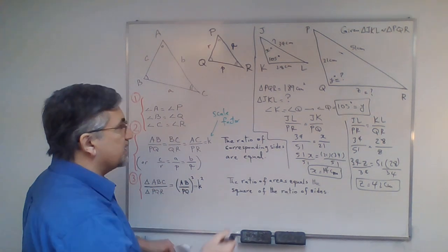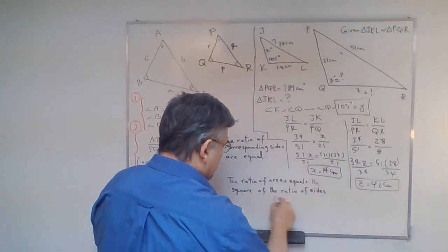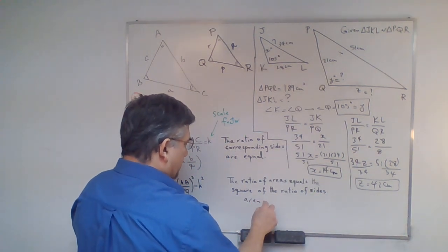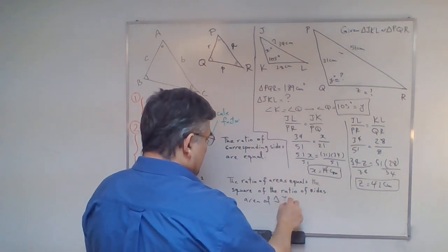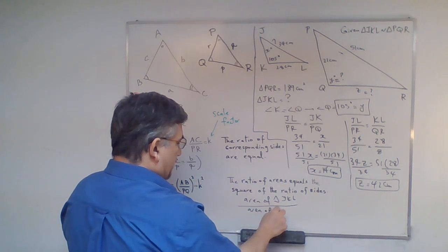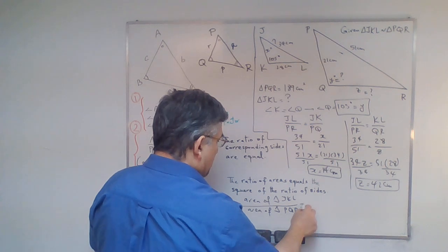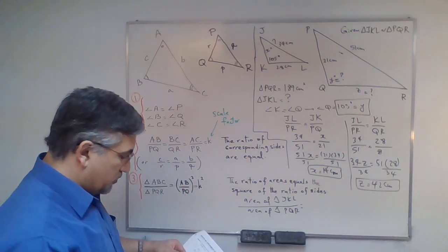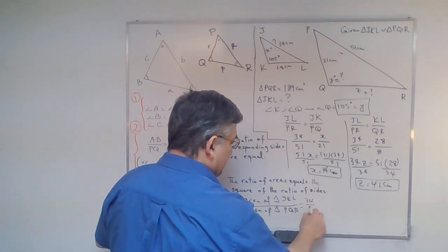So let me write it here. Area of triangle JKL divided by area of triangle PQR is equal to the ratio of sides, which was 34 over 51.